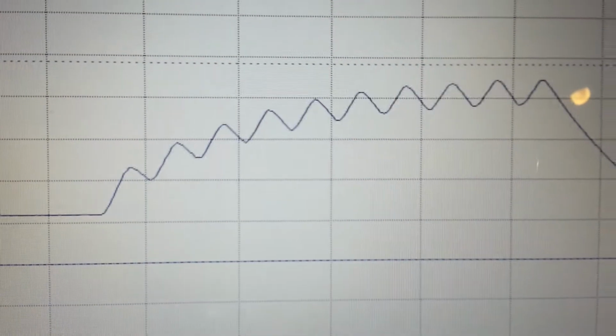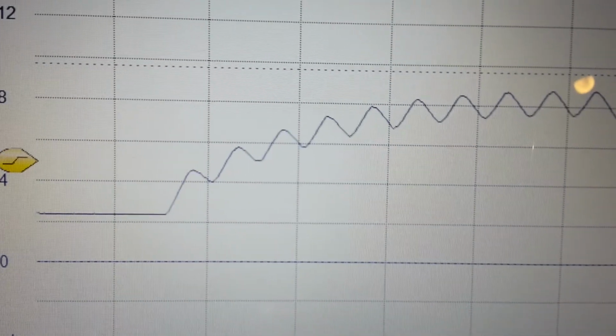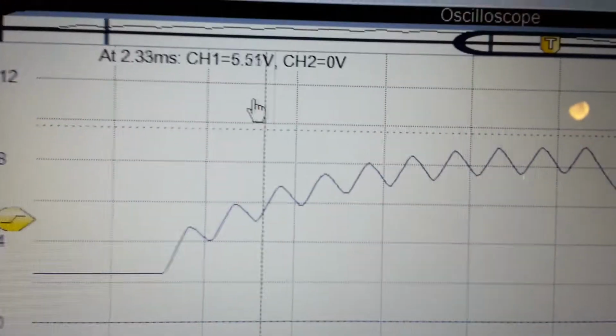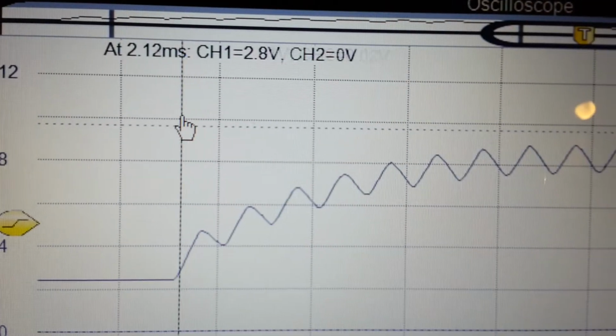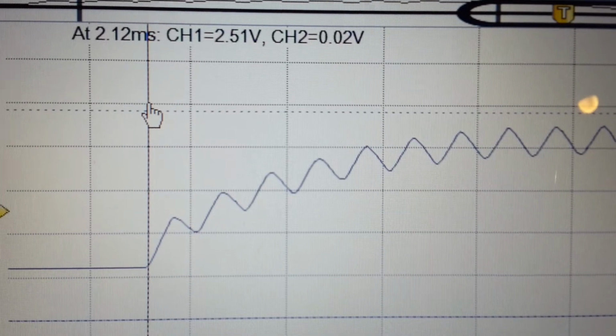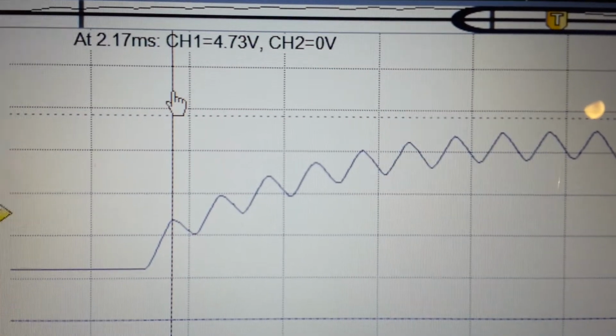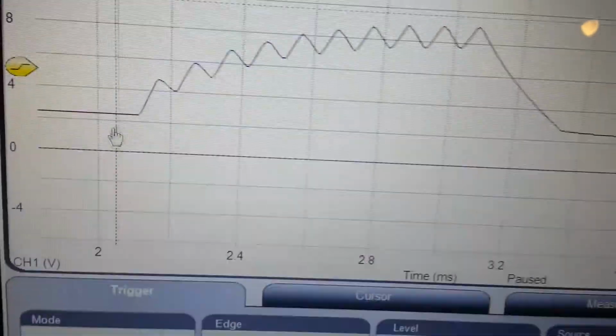So we'll spread this waveform out a little, get a better view of it. Take some measurements here. The start of the wave here is 2.12 milliseconds. There's our peak at 2.17 milliseconds.